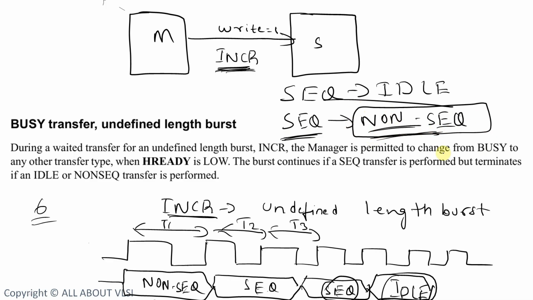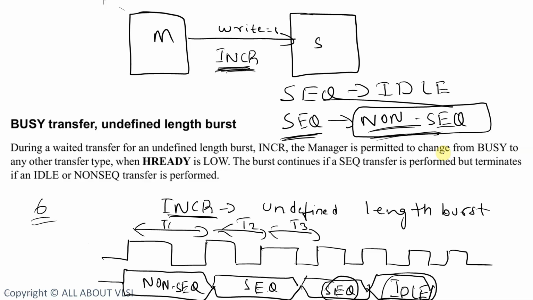If you haven't watched the transfer type videos, please go back and rewatch them. There we have discussed what non-sequential and sequential mean. So if the master wants to start a fresh transaction, it is going to change the transfer type to non-sequential.